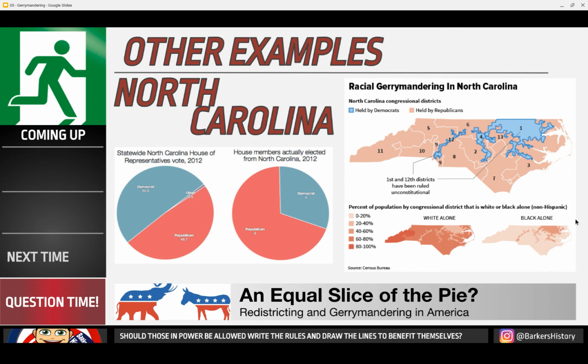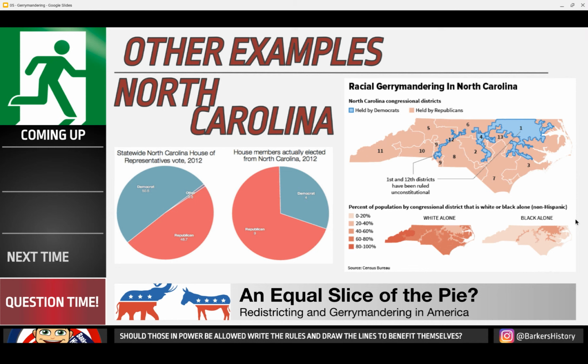The interesting thing too is if you look at the pie charts on the left, the statewide North Carolina House of Representatives vote, just the amount of people who voted in 2012, 50.5% of people voted for the Democratic Party, 48.7% voted for the Republican Party. If you're looking at that alone, you would say, oh, it is a fairly Democratic-leaning state, right?